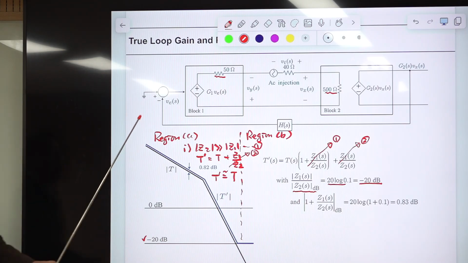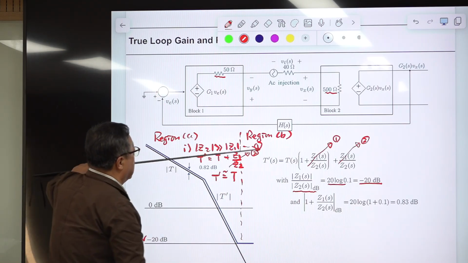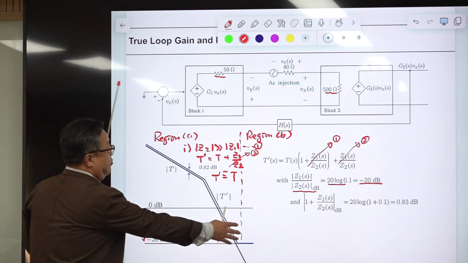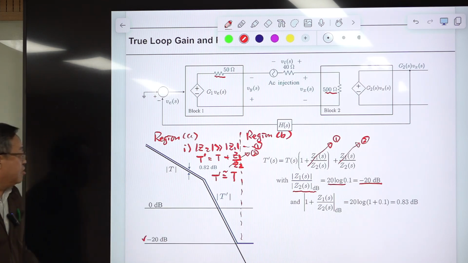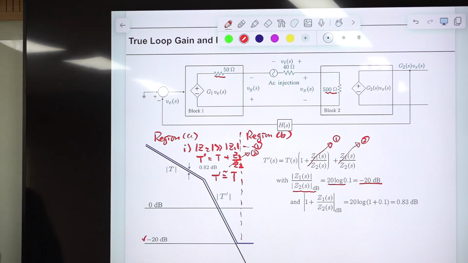Okay, region B. This is true, right? This is true regardless of frequency range. Then you still have this approximation. So in this region, T prime is T, the true loop gain, plus G1 divided by G2, and the magnitude is considered.